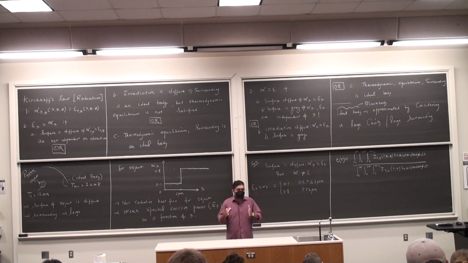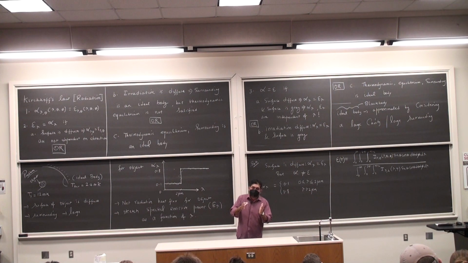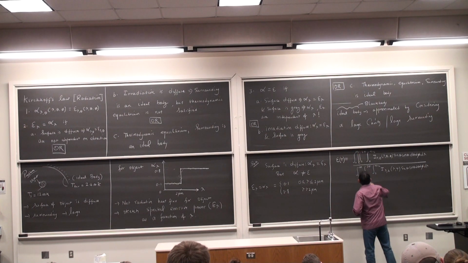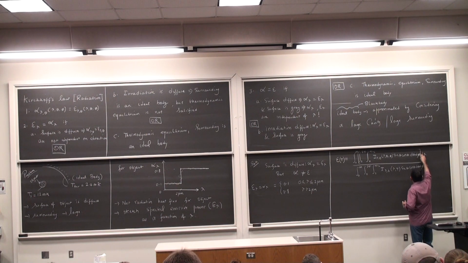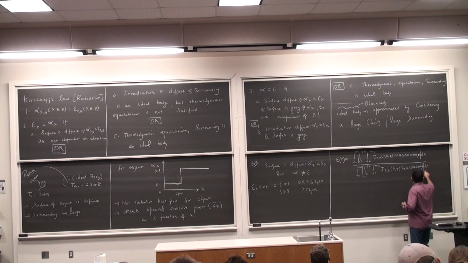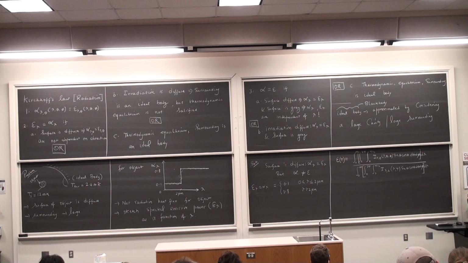We right away have to recognize that the integrals that contain the directions, this boxed integral and this boxed integral, represent the spectral emissive flux or the spectral emissive power.